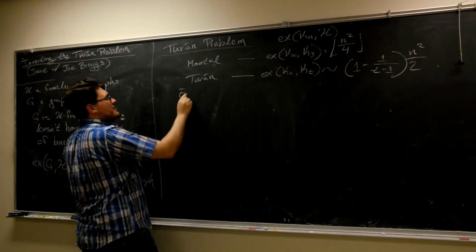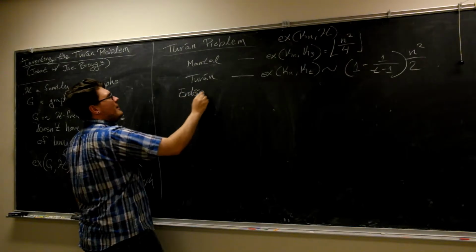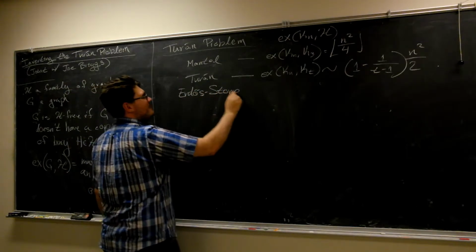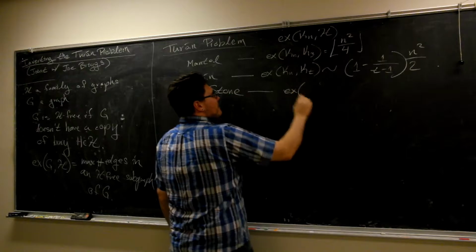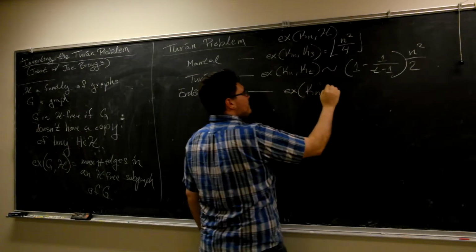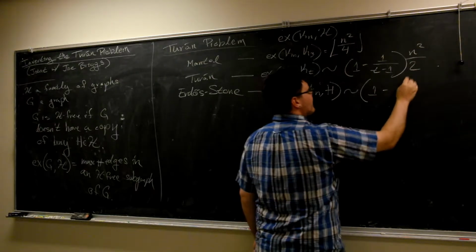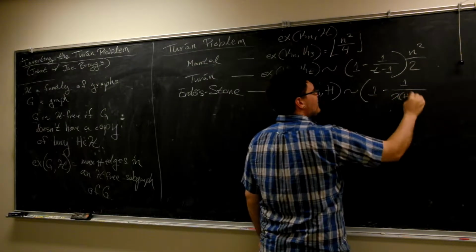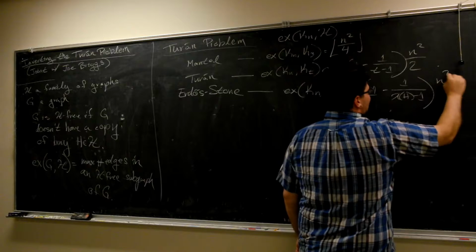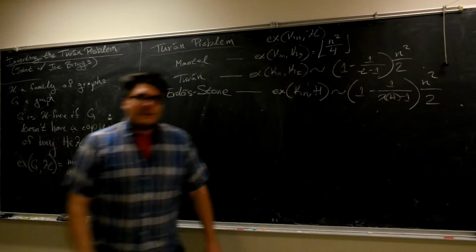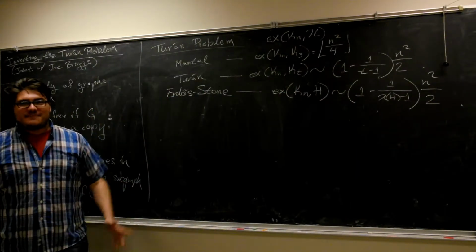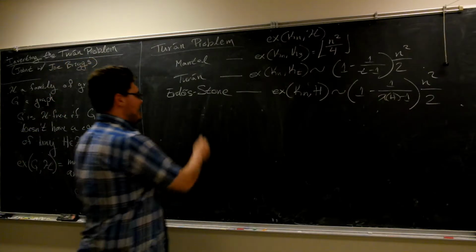After that, actually, Erdős and Stone were able to almost completely answer this question by showing that the extremal number of Kn with any graph H is going to be asymptotic to 1 minus 1 over chi of H, chromatic number of H minus 1, n squared over 2. There's only one case where this is fairly unsatisfactory, and that's the bipartite case, right?